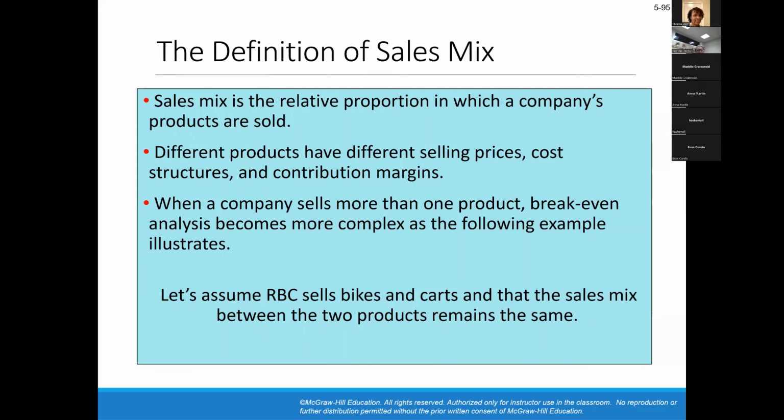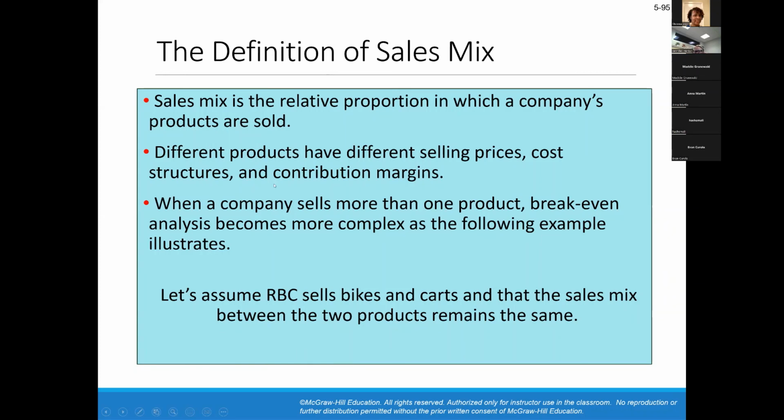So even though you're selling two different things at the same place, it doesn't mean that the contribution margin is going to be the same in percentage. Different products may have different percentage points. Like we just looked at, surfboards that have two different contribution margins, right? One's higher than the other. That's all it's saying.